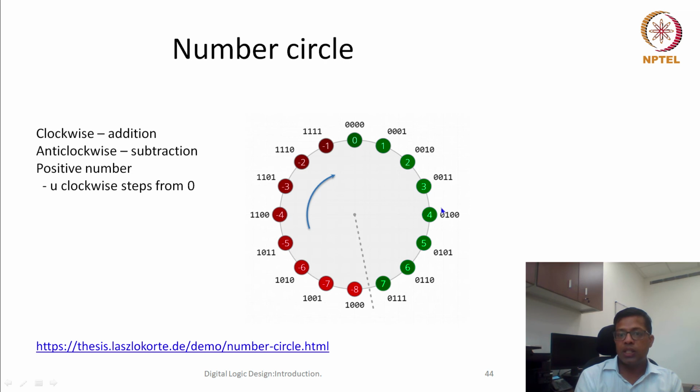It gives me this particular number, so this is the representation of plus 4. Similarly, if I go in an anti-clockwise direction from the 0, then it will give me minus 4: -1, -2, -3, -4.